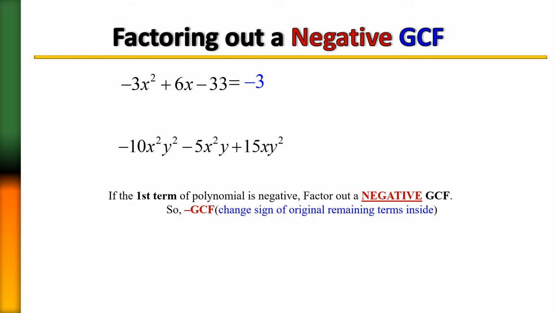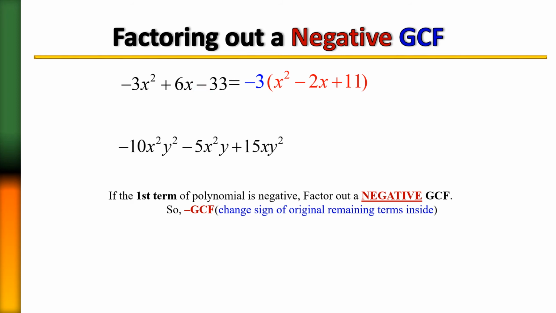It'll be the very opposite. So I'm going to go ahead and fill in what's left once you take a negative out. And notice here, as I stated, that the first sign would be a negative and not a positive, and the last sign, instead of a negative, is now a positive.